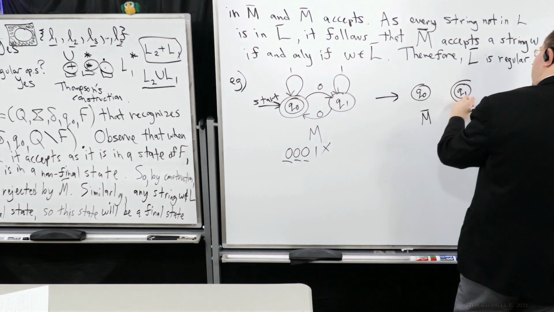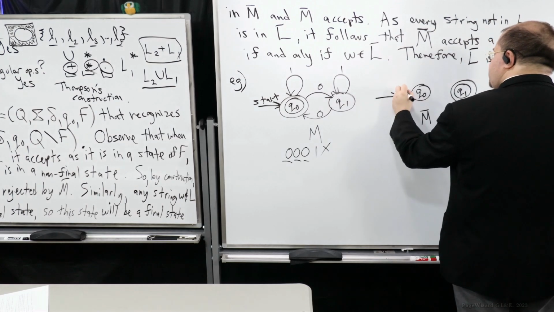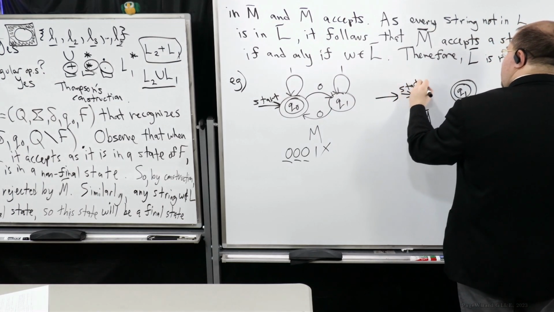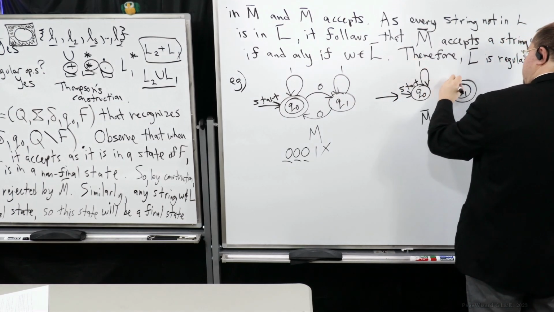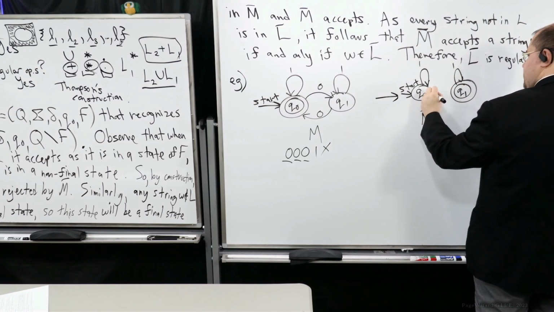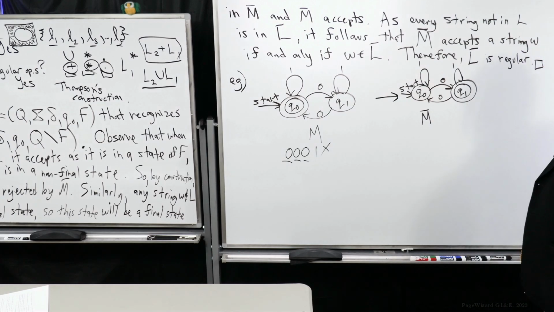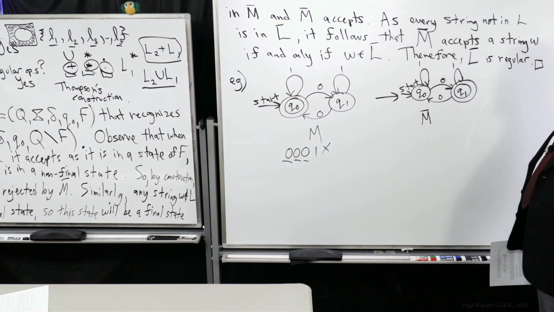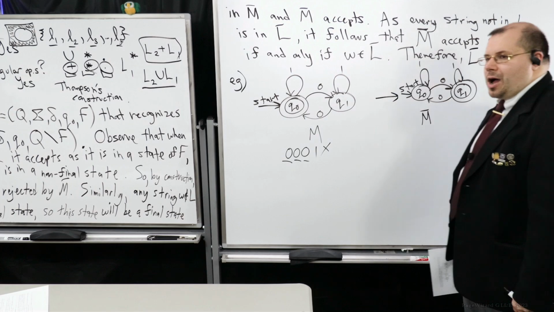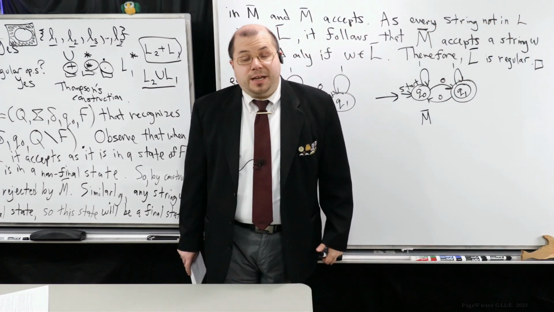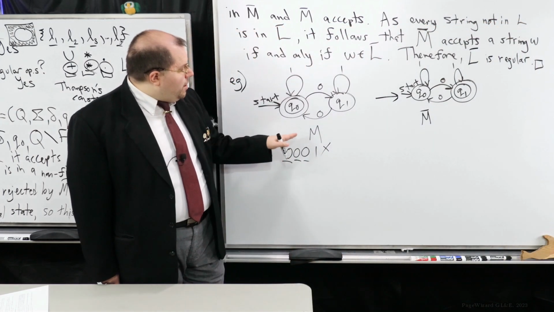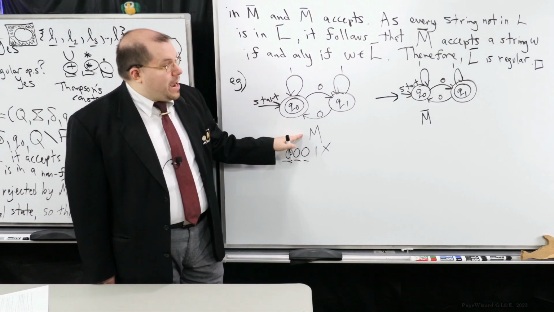Q1 is going to be a final state. I'm not going to touch anything else. And that's how we construct a DFA that accepts the complement of language L, where L would be the language recognized by M.